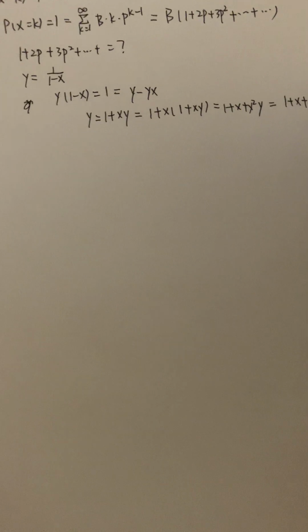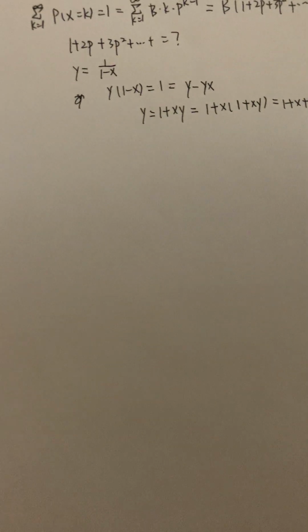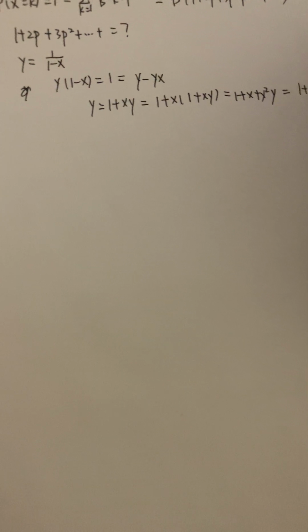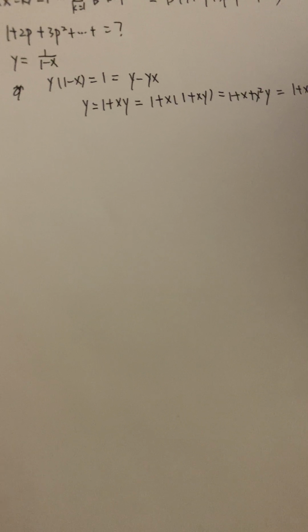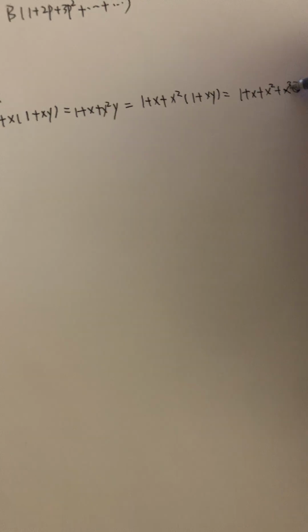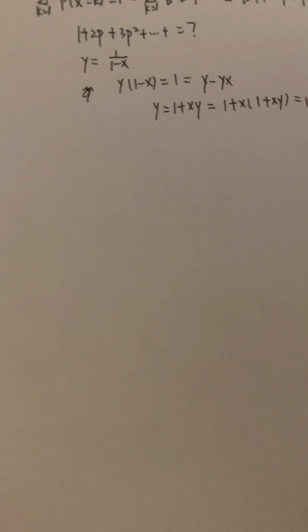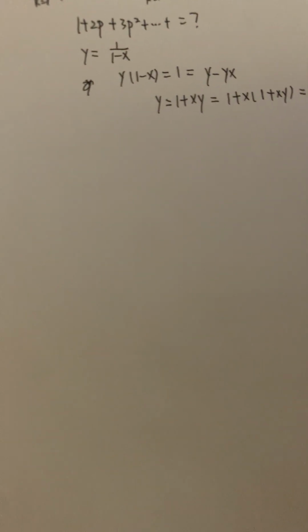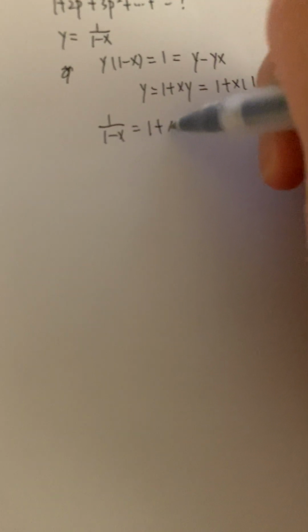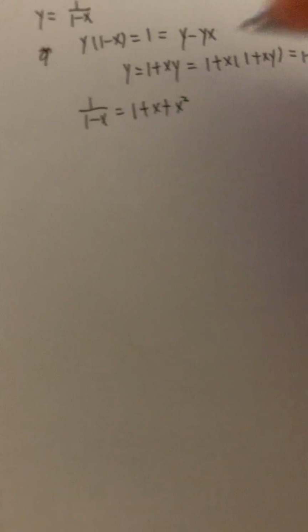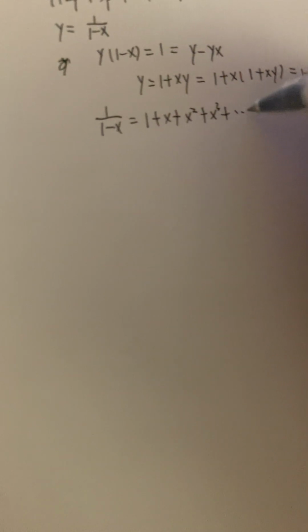We can continue doing these steps to get 1 plus x plus x squared plus x cubed plus something. So we can see that 1 over 1 minus x is equal to 1 plus x plus x squared plus x cubed plus something.